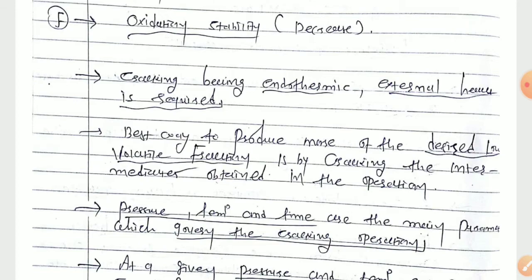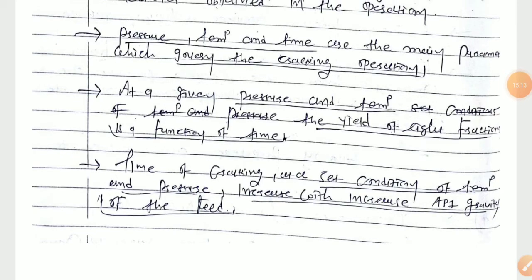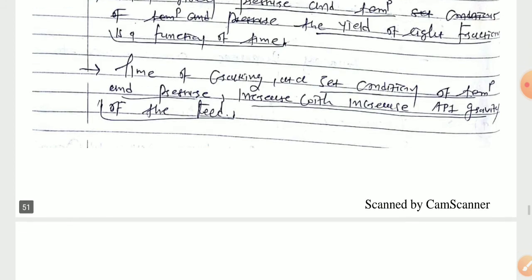Pressure and temperature are the main parameters which govern these cracking operations. The yield of light fractions is a function of time, and the time of cracking relates to the API gravity.